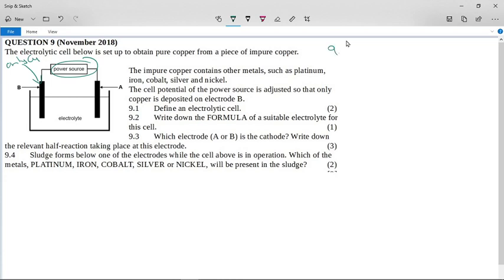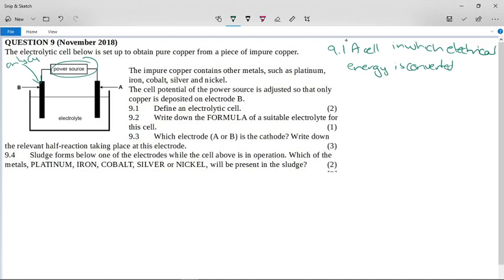Define an electrolytic cell. Well, this is part of your electrolysis definition. An electrolytic cell is a cell in which electrical energy, because they're always interested in the energy conversions, is converted. What is electrical energy converted to?